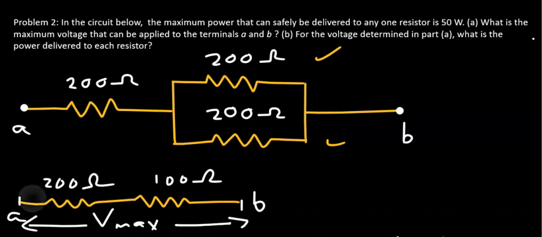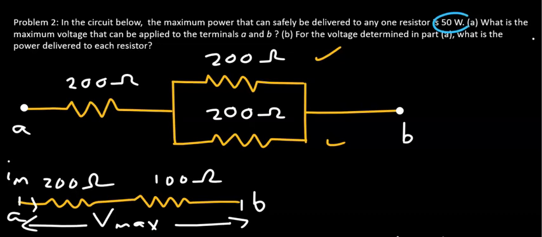Let's assume the current that results is IM. When you apply Vmax as the potential difference between A and B, IM is the current that results, that goes from here to there. We know that the maximum power that can be delivered to any one of those 200 ohm resistors is 50 watts.